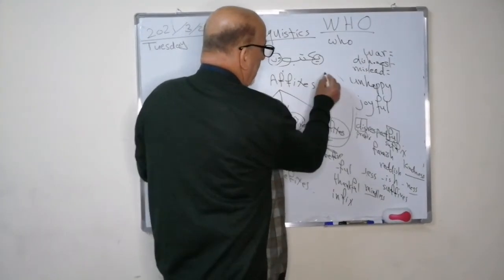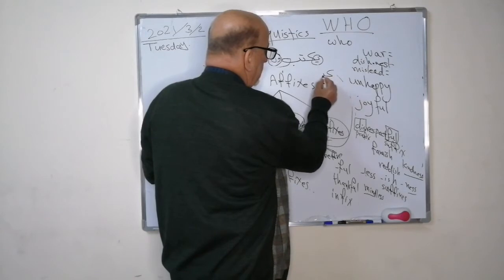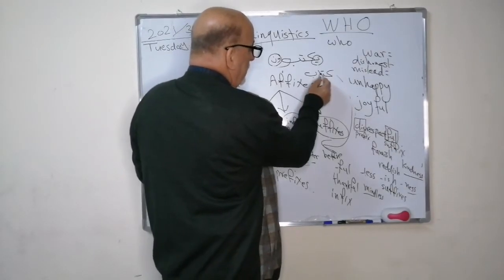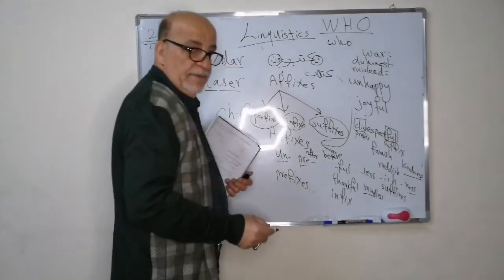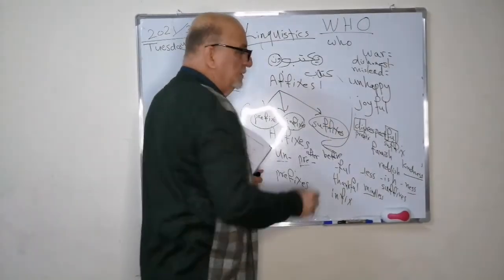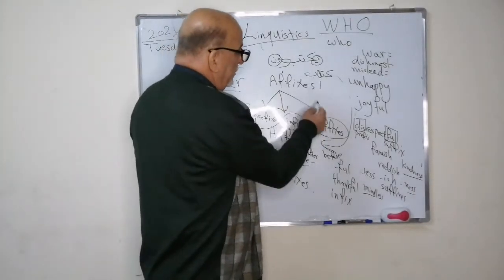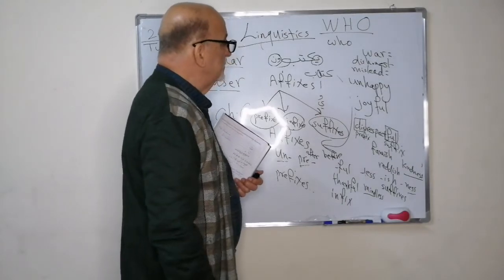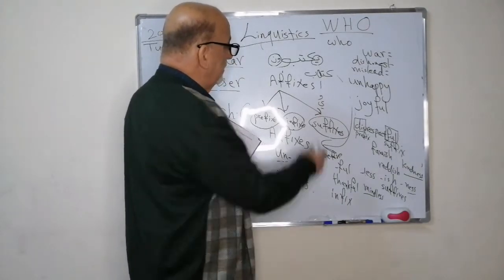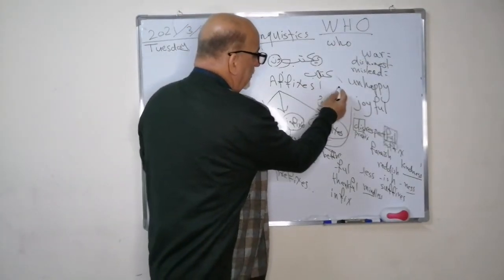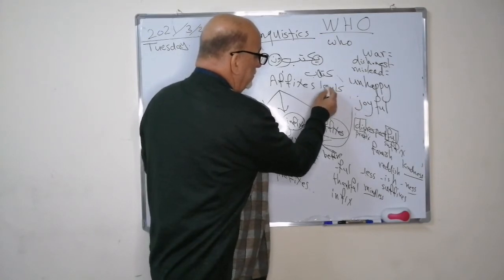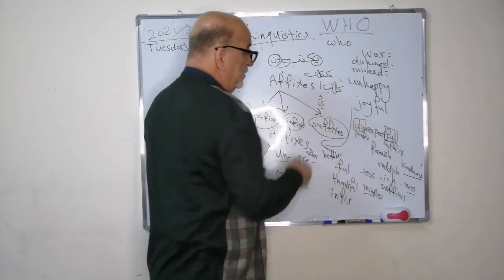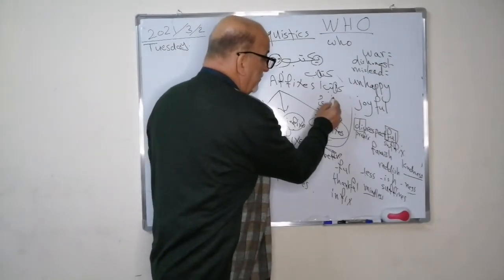Take كاف تاء باء, كتب. Look at this ألف. I can add ألف or واو or ياء inside the word, كتاب. What do I call this? Infix.